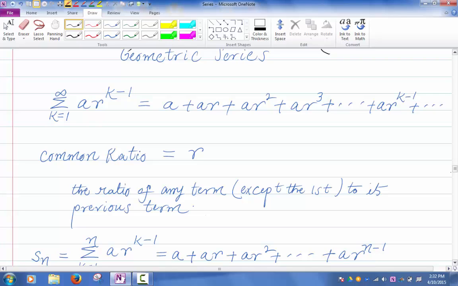If you divide ar squared by ar, you get r as well. So the ratio of any term to its previous term is always r. r is called the common ratio. So how are you getting the next term? You're always multiplying by r. A multiplied by r, you get the second one, multiplied by r, you get the third one, multiplied by r, you get the fourth one, and so on.